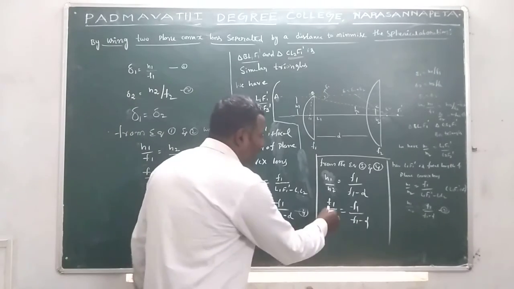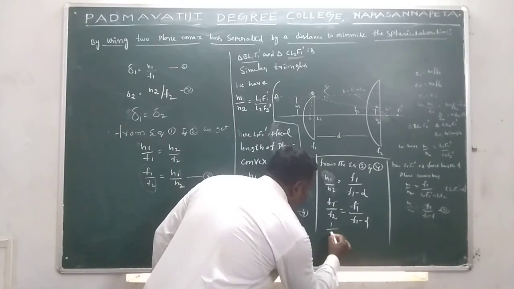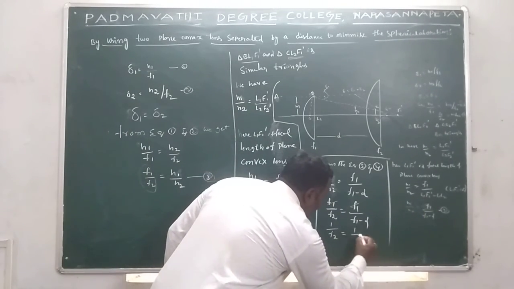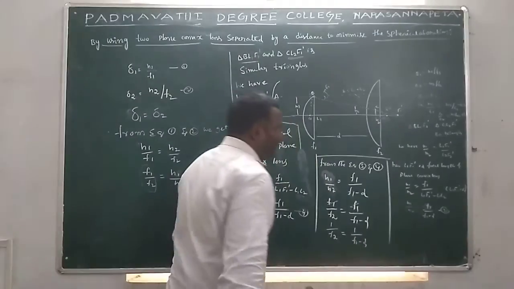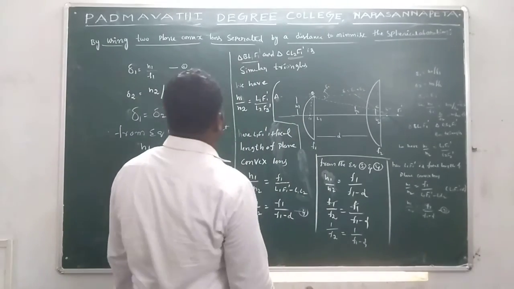Therefore 1 by F2 is equal to 1 by F1 minus d.